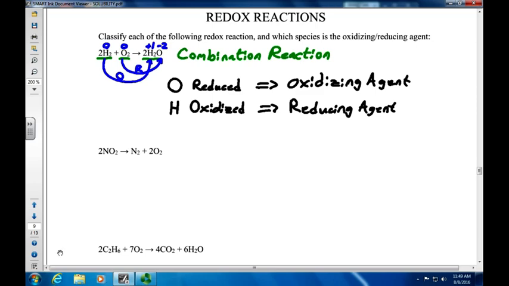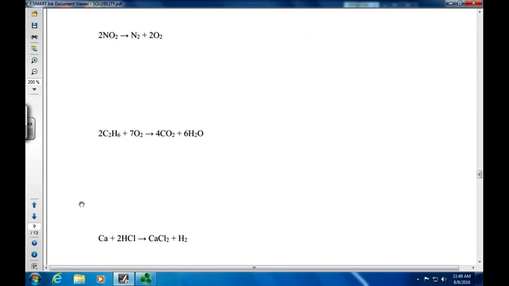So you determine what is actually happening in the reaction, and once you determine that, you then take its opposite for determining what the agents are. So if something is being reduced, it's actually oxidizing something else, therefore it is the oxidizing agent. If something is being oxidized, it is actually reducing something else, and therefore it is the reducing agent. Let's look at another problem.